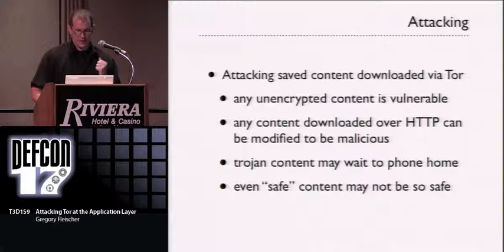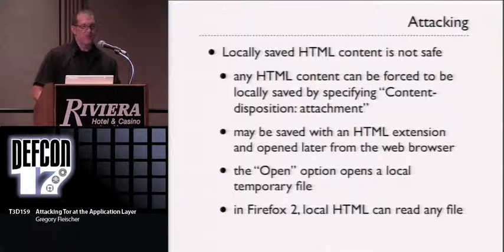So this Trojan content may wait to phone home, even if you have your machine set up in such a way that all of your traffic is being transparently proxied, and it's not going to leak any of your DNS information. But sometimes even safe content may not be so safe. Let's talk a little bit about locally saved HTML content.